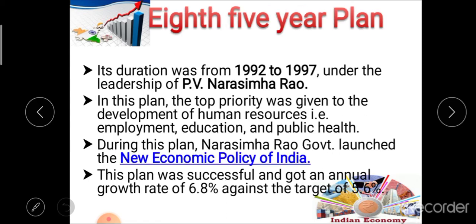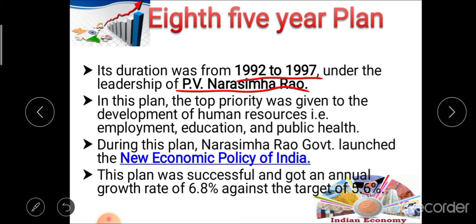After this annual plan, the next one is the eighth 5-year plan. The duration of the eighth 5-year plan was 1992 to 1997 under the leadership of P.V. Narasimha Rao. The top priority was given to development of human resources, that is employment, education and public health.